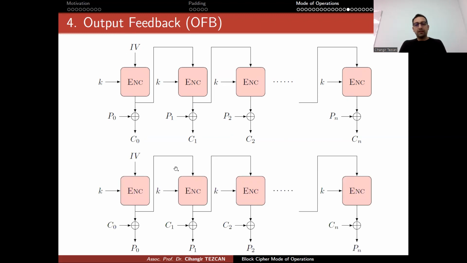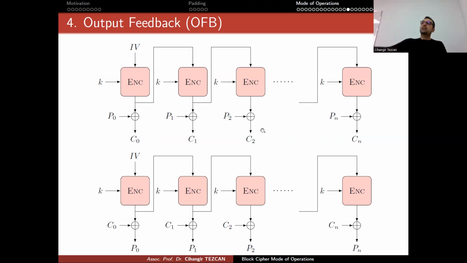In the decryption, again, everything is identical, but we switch the places of P0 and C0. You might now ask why using the same IV twice is a problem. Once you fix the IV and the secret key, the values you obtain here, which I call the key stream, will always be the same. You XOR the key stream with your plain text and obtain the ciphertext.